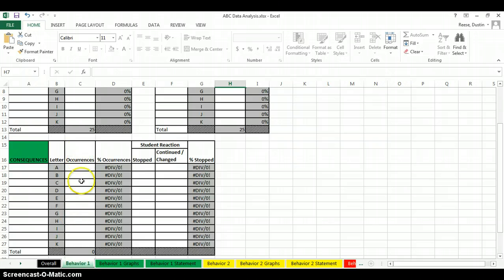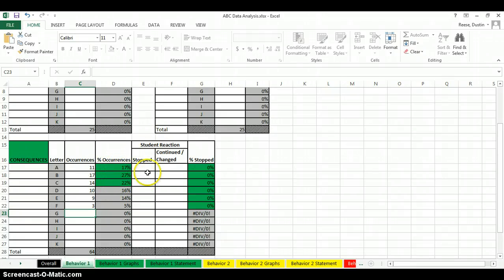The first part of the data you're going to enter is the amount of times, just like in context and antecedents, that consequences occurred. So I'm just going to enter some information again on the amount of times that each consequence was observed. Okay, and then so again, this first part it highlighted the most common.